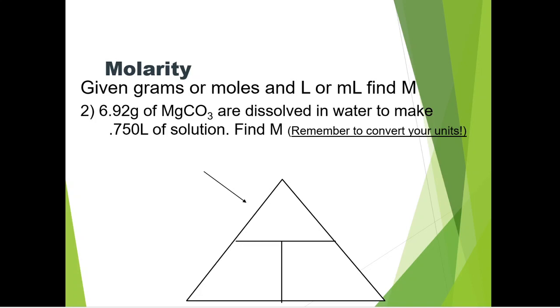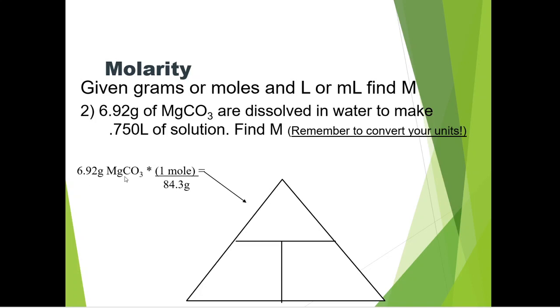How about if we start with 6.92 grams of magnesium carbonate dissolved in water to make a 0.75 liter solution. Look, right here, we're in grams instead of moles. Remember when we did stoichiometry, to go from grams to moles, you need to use the molar mass. We calculate the molar mass, and it's 84.3 grams of magnesium carbonate per 1 mole.